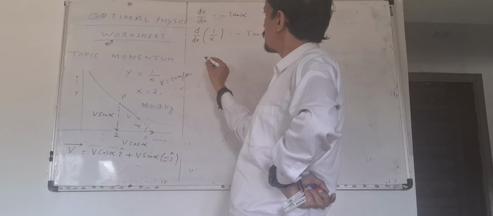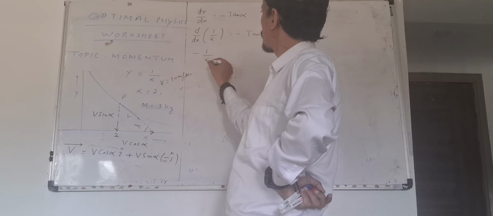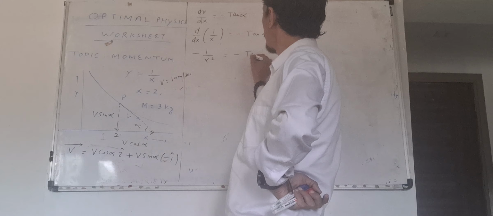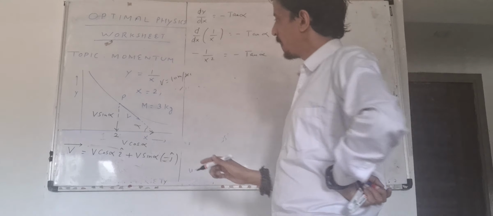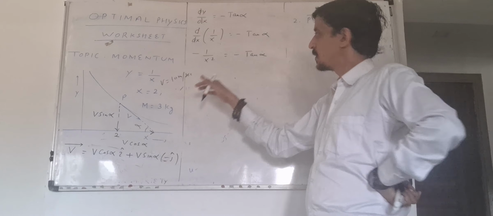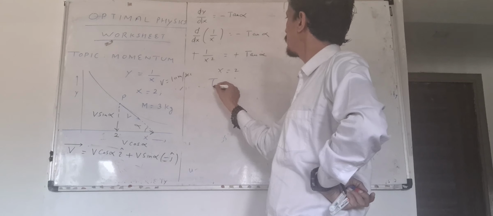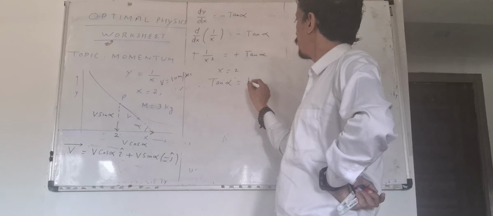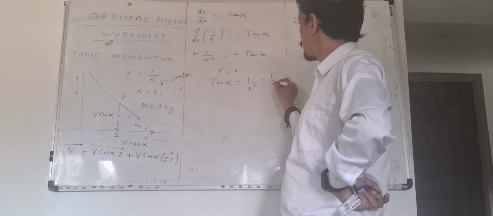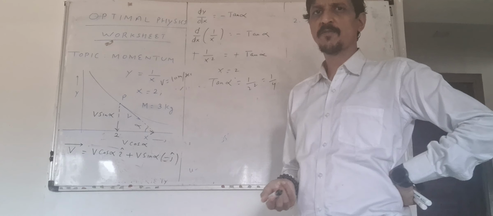If we differentiate 1 by x, we have minus 1 by x square is minus tan alpha. Now x is given to be 2, so substituting x equal to 2, we get tan alpha equal to 1 by 2 square, which is 1 by 4.